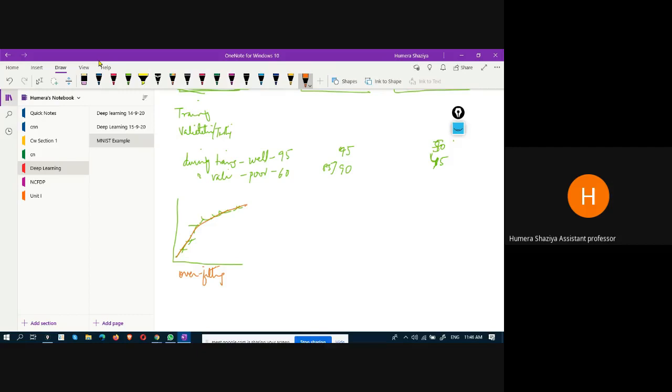Because of overfitting, you get the problem of variance. Because here, during training, it is showing very good accuracy because this line is correctly fitting the data items. If the actual value is y and the predicted value is y hat, both are equal because both are on the same line.